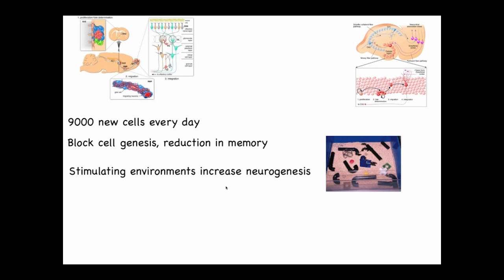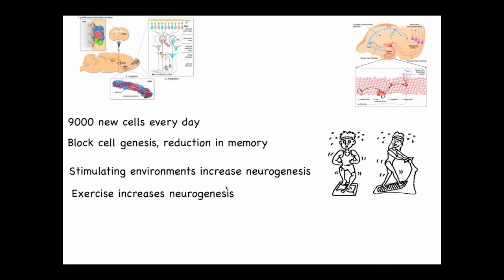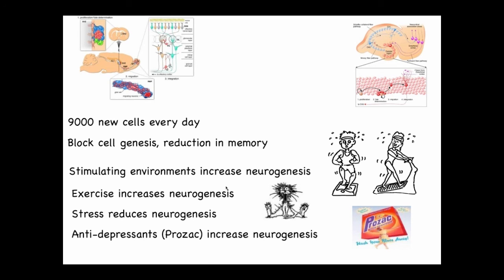We also know that if you place animals in a stimulating environment, this increases neurogenesis. We know that exercise increases neurogenesis as well, and stress reduces neurogenesis. And drugs such as antidepressants have been demonstrated to increase neurogenesis.